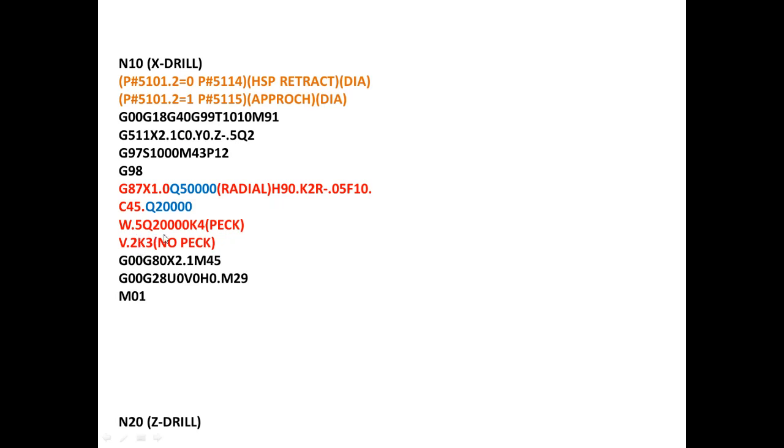I just took out the Q 200,000 and the K 3 times. In this case, if you don't put the Q value, there's going to be no pecking cycle. It will just go straight in with one drilling cycle. Of course, it will move the Y-axis incrementally 200,000, and it will do 3 times the drilling cycle. So that's the example I have on the X-axis drilling cycle.